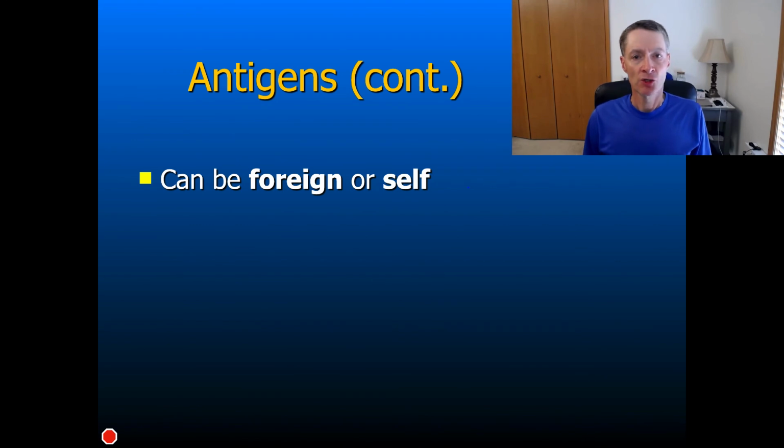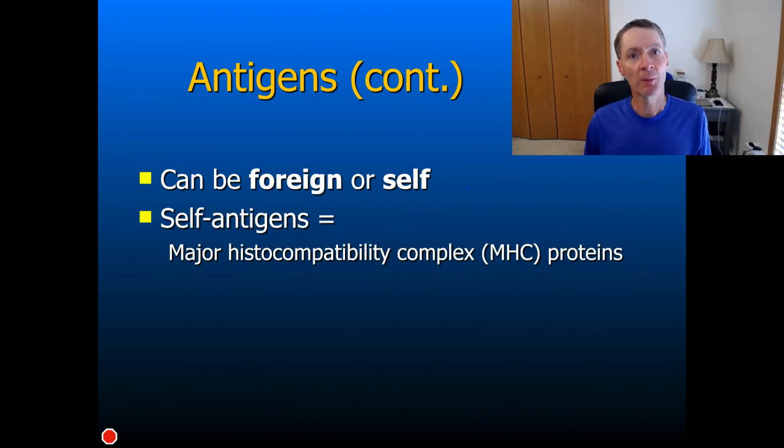All right, so antigens could be foreign or self. We could have antigens on our surface that we should not respond to, and these would be called self-antigens. An example of a self-antigen that is a really common one, and it's going to be useful later in this unit, so we need to know about it, are the major histocompatibility complexes, MHC, thankfully.